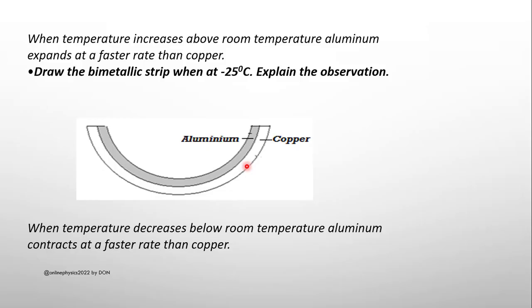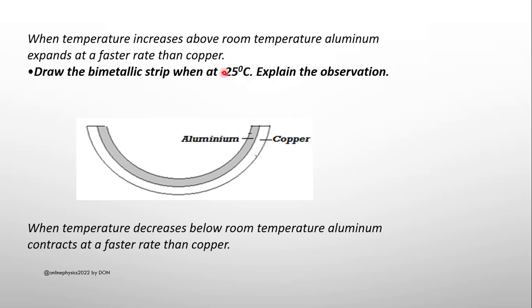Then moving on, when temperature increases above room temperature, aluminium is expected to expand faster than copper. This is now the answer to that particular question. Then we can be asked to draw the bimetallic strip at negative 25 degrees Celsius.